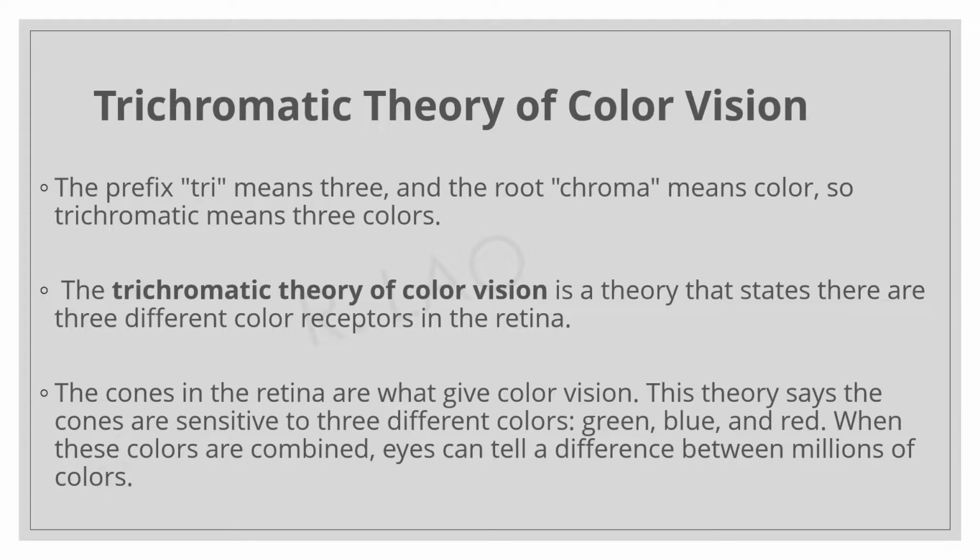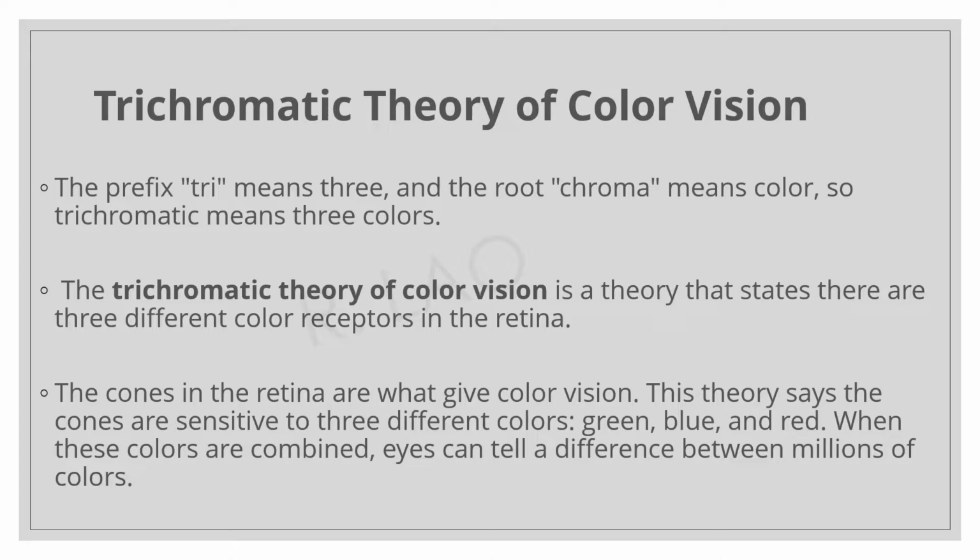The trichromatic theory of color vision is a theory that states there are three different color receptors in the retina. Only three colors are determined by our retina. What are those colors? The green, the blue, and the red. The cones in the retina are what give color vision. The cones are sensitive to three different colors, the green, the blue, and the red.